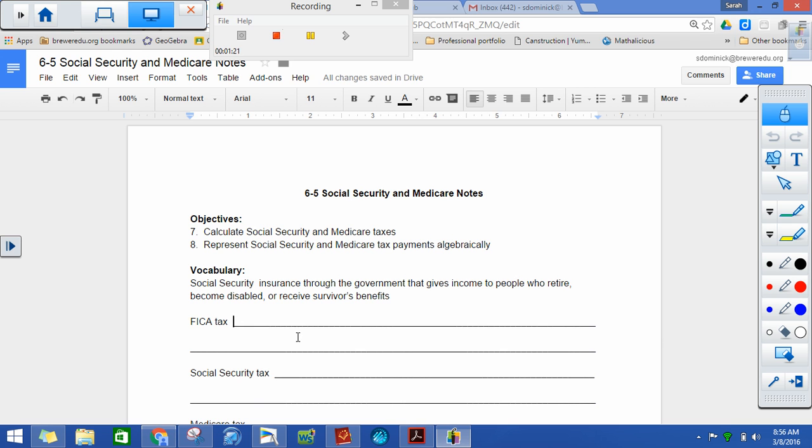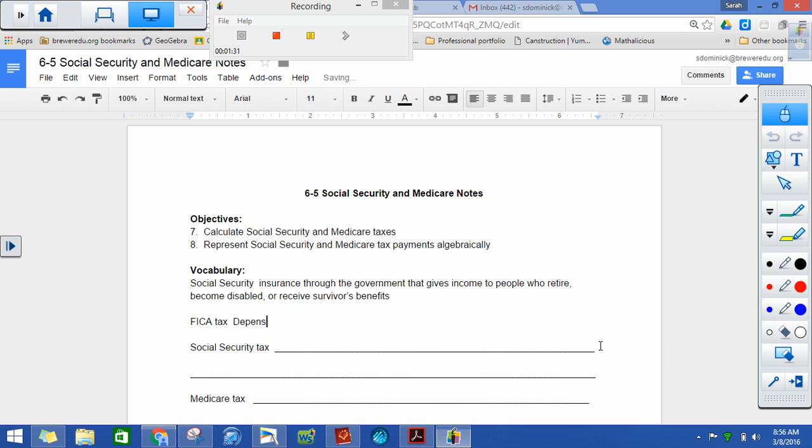Your FICA tax. And FICA is just the bill that made Social Security and Medicare happen. So this tax depends on the Social Security percentage and the maximum income for the year.